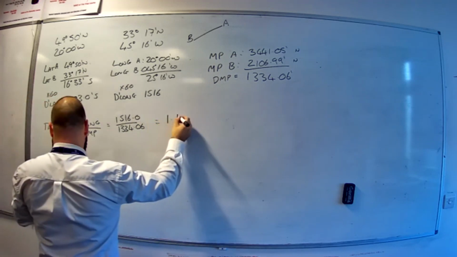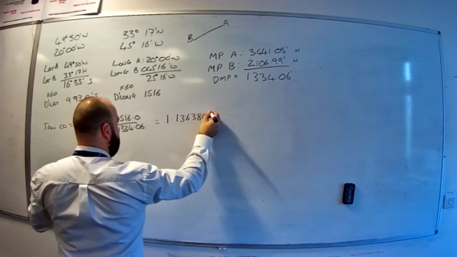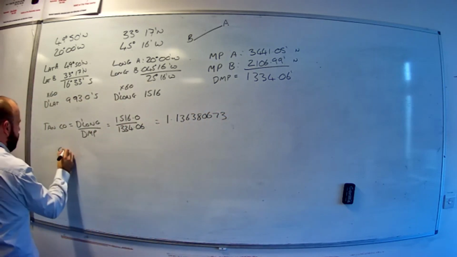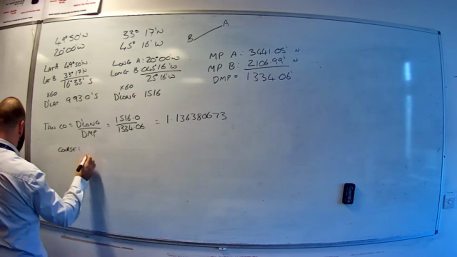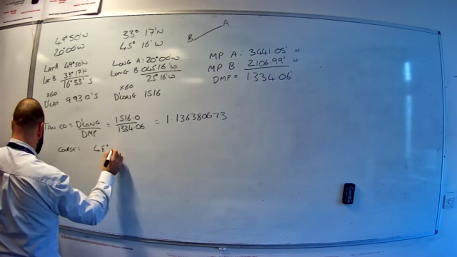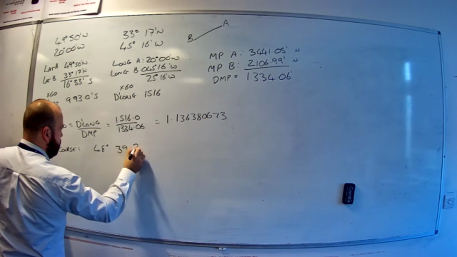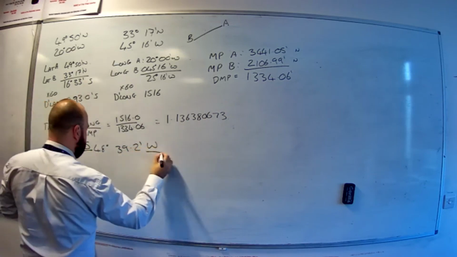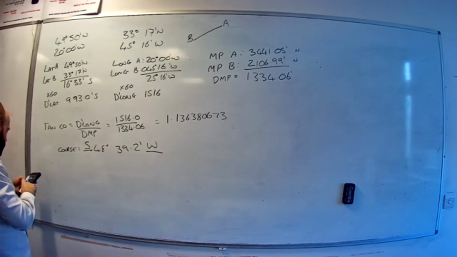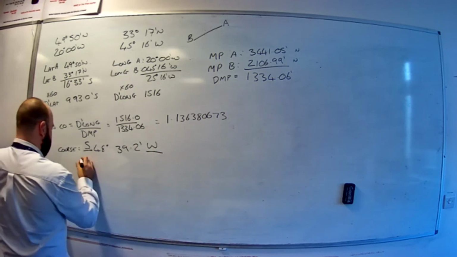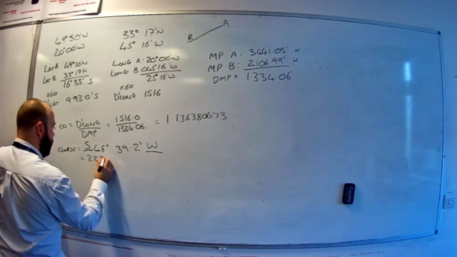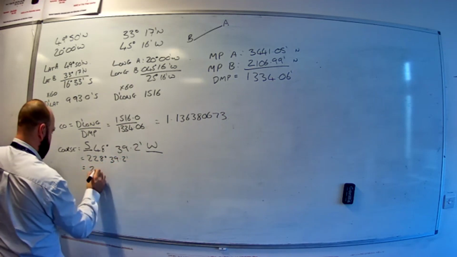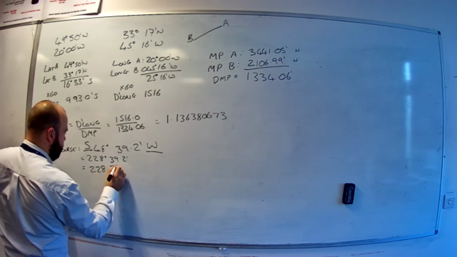So the tan of the course was 1.136380673, which means the course was 48 degrees, 39.2 minutes. We were heading south, so it's south, and we were heading west, so it's west. So 180 degrees plus that gives us 228 degrees, 39.2 minutes, which is 228.7 degrees true.